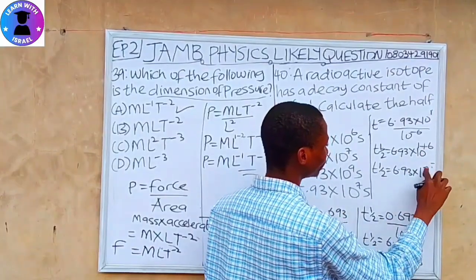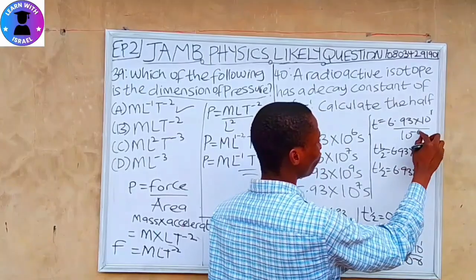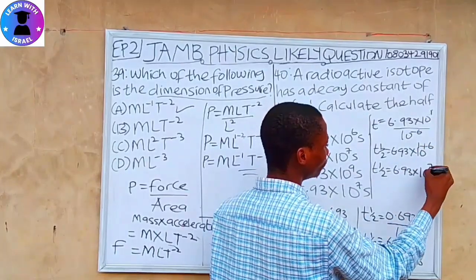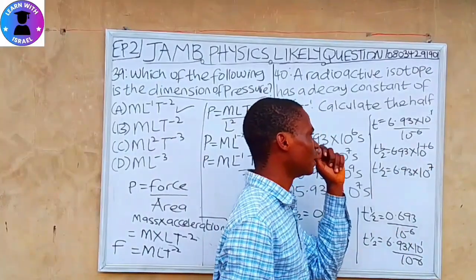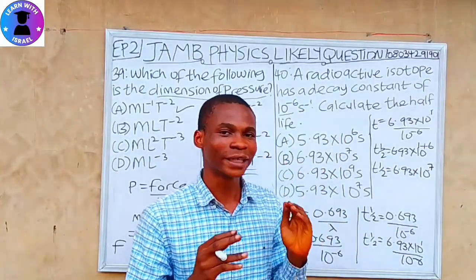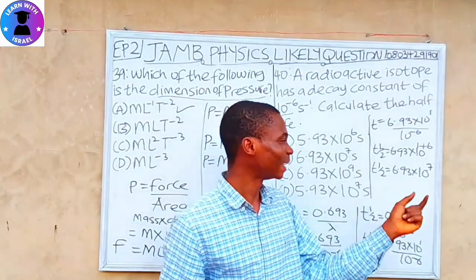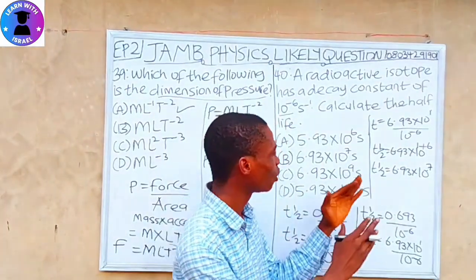1 plus 6 is 7. When minus 6 goes there, it turns to plus. So we are now left with 6.93 times 10 raised to the power 7. Note this, guys: if you solve it correctly and realize that the answer is not in the options, calm down and go through it.